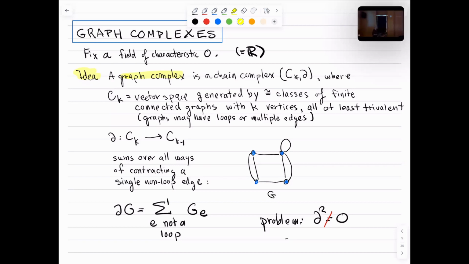That's a generator of C4 in my picture. And the boundary operator, what I want it to do is to take a k-chain, take a graph like this, and take an edge E that's not a loop, and contract that edge to get a new graph.